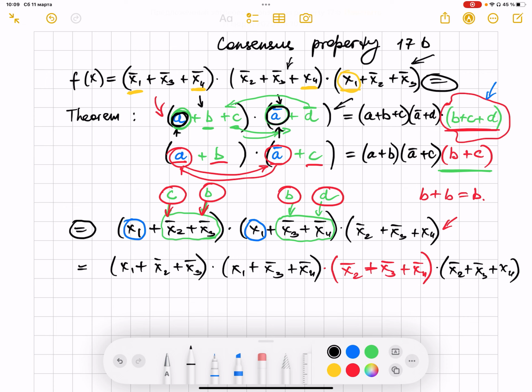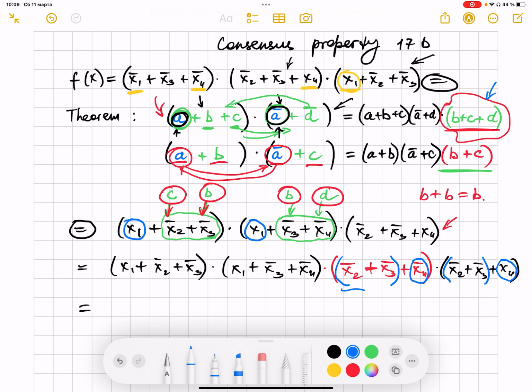But using it is useless if you don't know how to minimize further. So let's look at the whole function one more time, to see what this consensus law has given us to make our life easier in minimizing the function. Now I can see that here we have x2 bar plus x3 bar, and here also x2 bar, x3 bar, and we have x4 bar and x4.